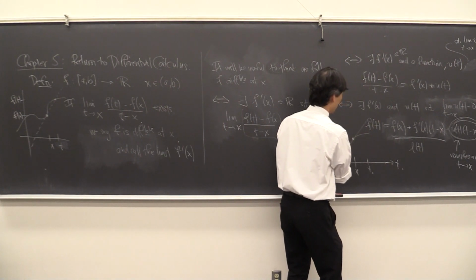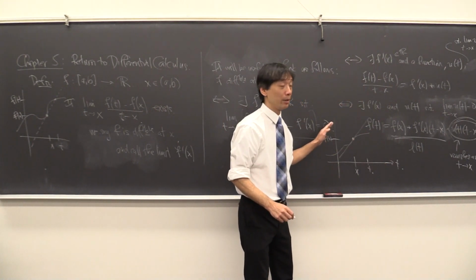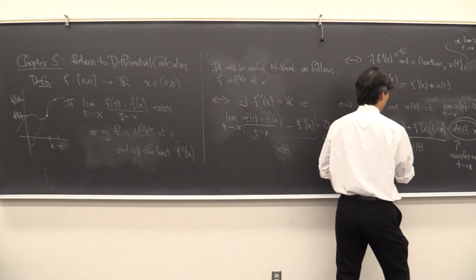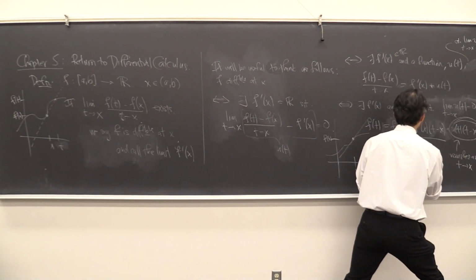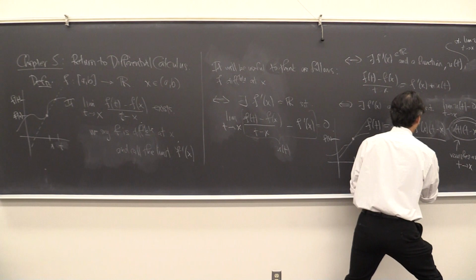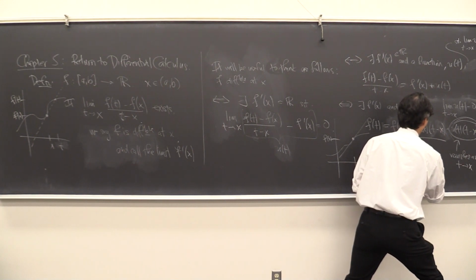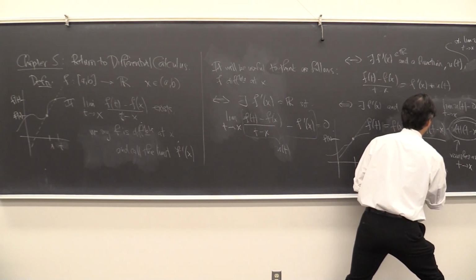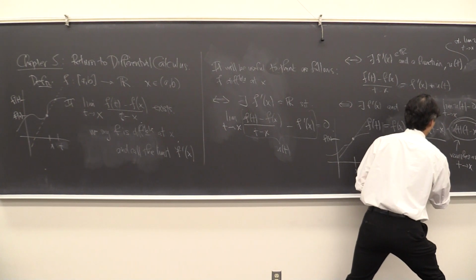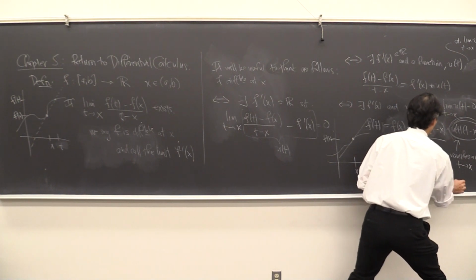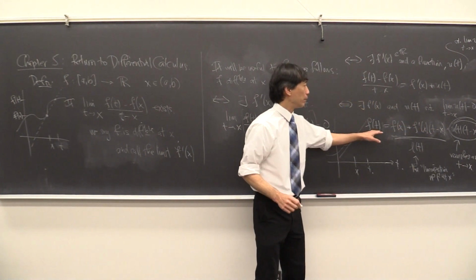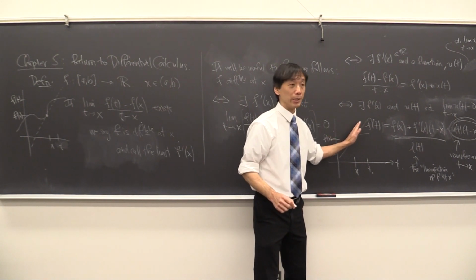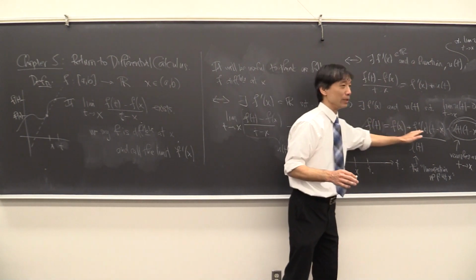Well, that's exactly the equation for the tangent line, right? So this thing here is the linearization of f at x, the thing that has the tangent line as its graph. Or just call it the tangent line.